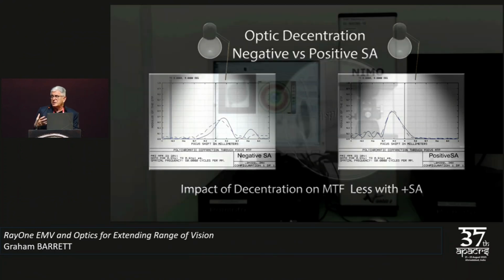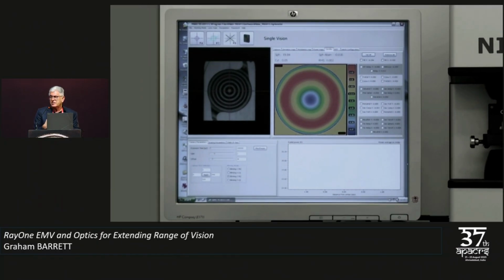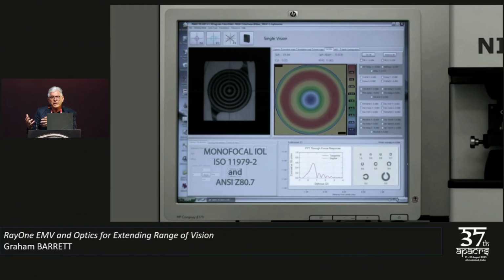So based on these principles, and it's not just simply adding positive spherical aberration, it's a sophisticated optic. It's a combination of fourth and sixth order aberrations combined over different optical powers, so the same effect is found across the entire range. And having this continuous curvature, but the amount of spherical aberration tapers off towards the periphery to maintain contrast with larger pupils in low light conditions.